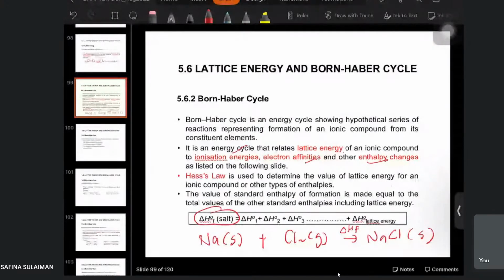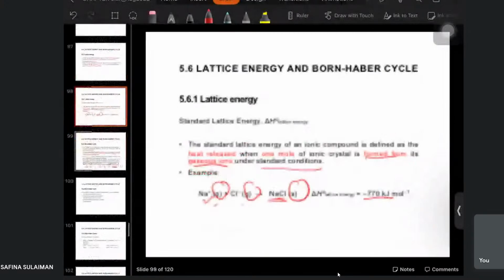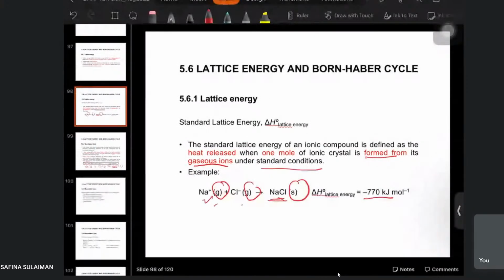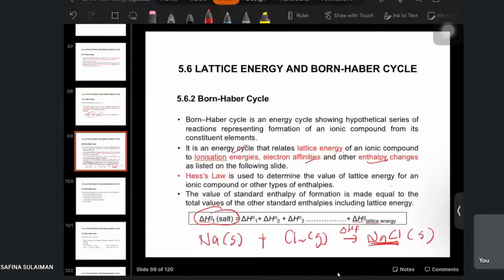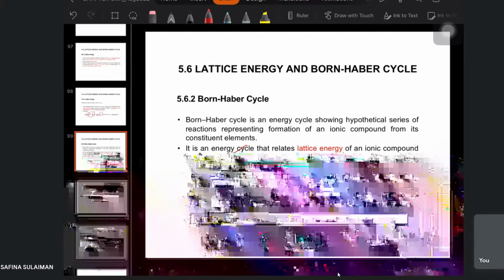Tetapi, Na solid plus Cl2 dia tak akan menghasilkan NaCl. Sebab NaCl tadi dia jadi macam mana? Mestilah dalam Na plus gas plus Cl minus gas baru dia akan menghasilkan NaCl solid. Kalau you tambah Na solid dengan Cl2 gas, dia takkan jadi NaCl. Jadi macam mana nak dapatkan enthalpy formation for NaCl?